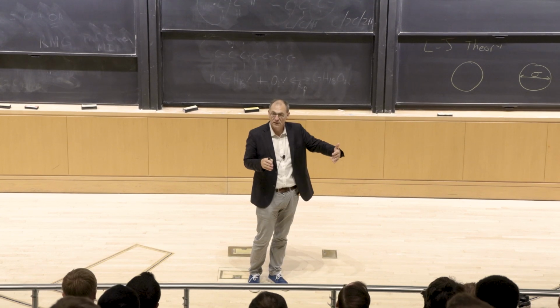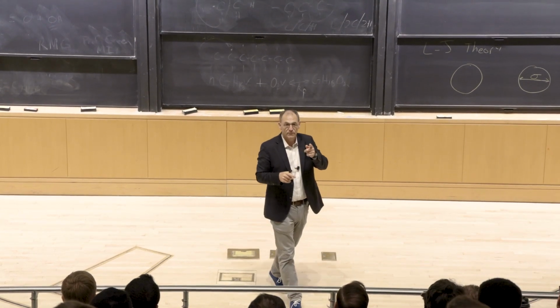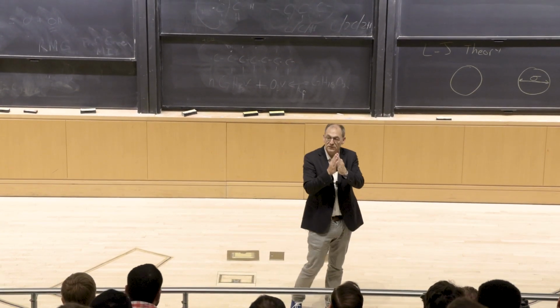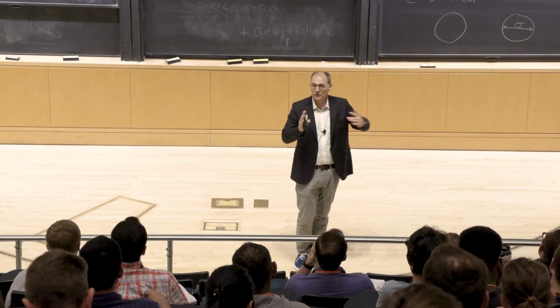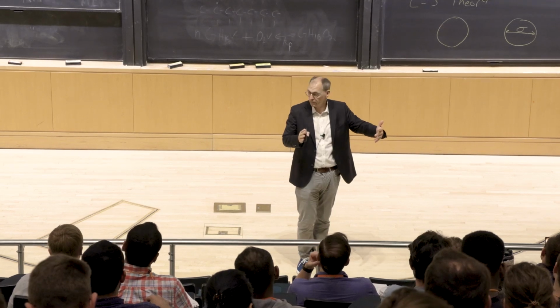That's kind of the length. If you have a fast reaction, that length is really small. That gives you a very thin layer. And if you have a slow reaction, that gives you a very broad layer.